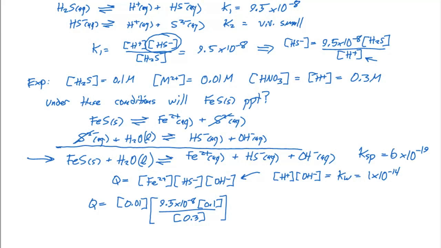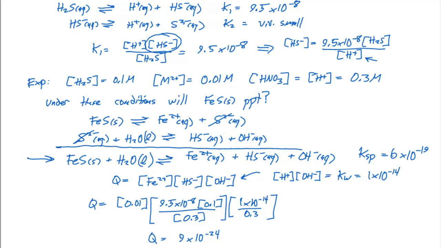So for our OH minus concentration, we can plug in the value of 1 times 10 to the minus 14 divided by 0.3. If we multiply all of this out to get a value for Q, our Q is going to equal 9 times 10 to the minus 24.